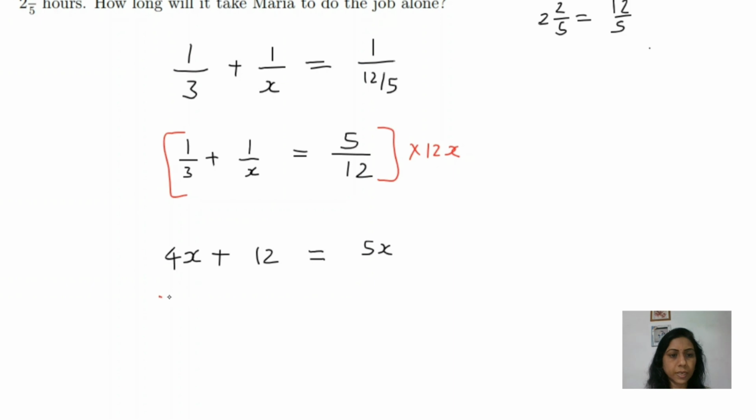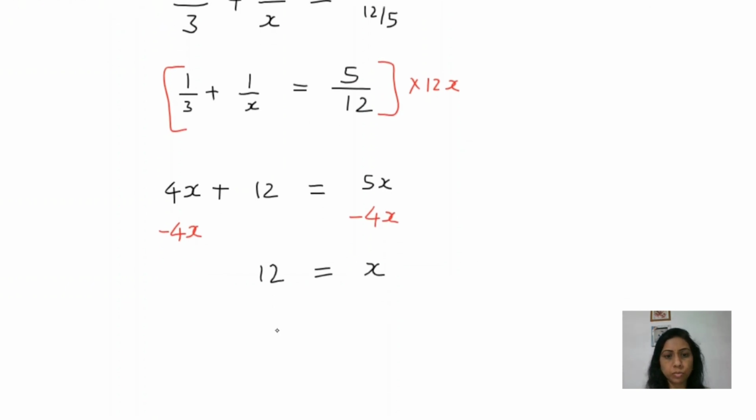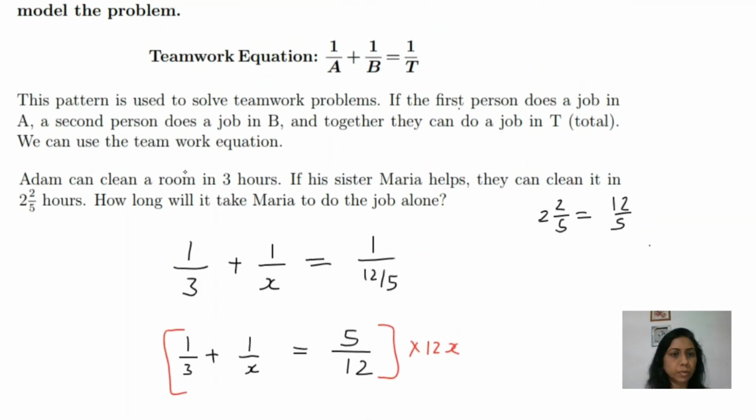Both sides subtract 4x, so this cancels, and 12 is equal to 5x minus 4x, which is x. Or we can write x is equal to 12. So here 12 hours, x was for Maria.